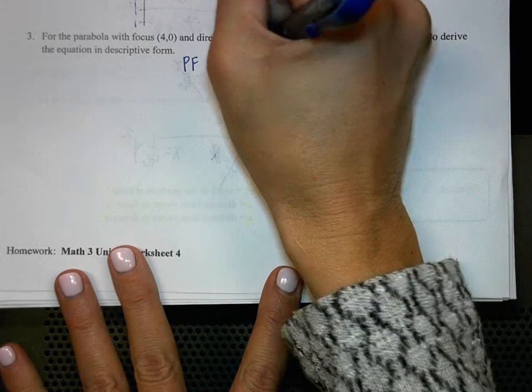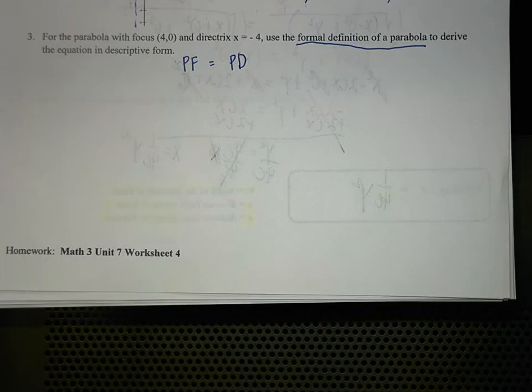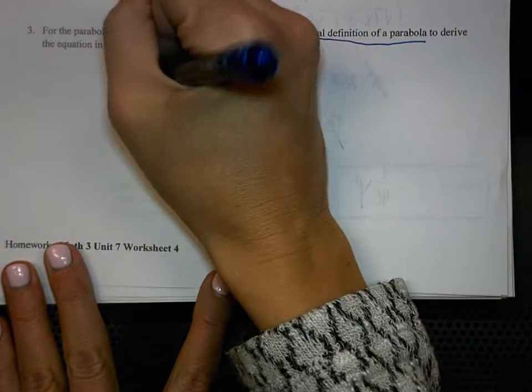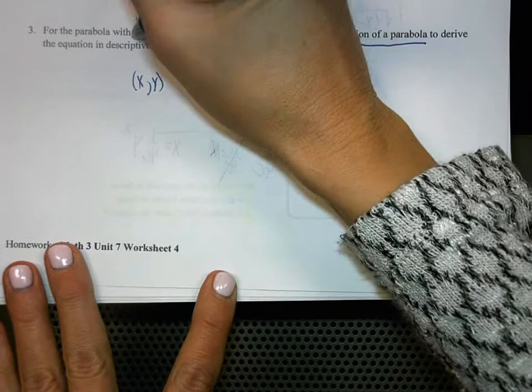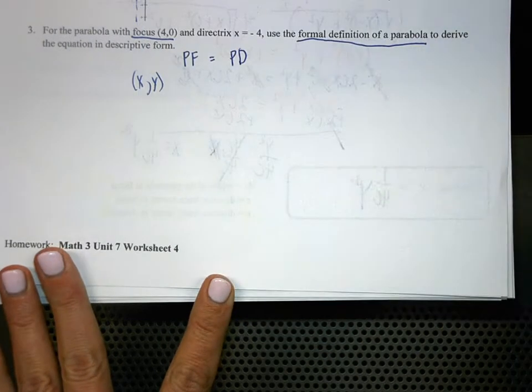Very good. And when we're doing our formula, we will always use what as our point? (x, y). Very good. So I'm going to write the point (x, y). And then they told us that the focus is what? (4, 0).